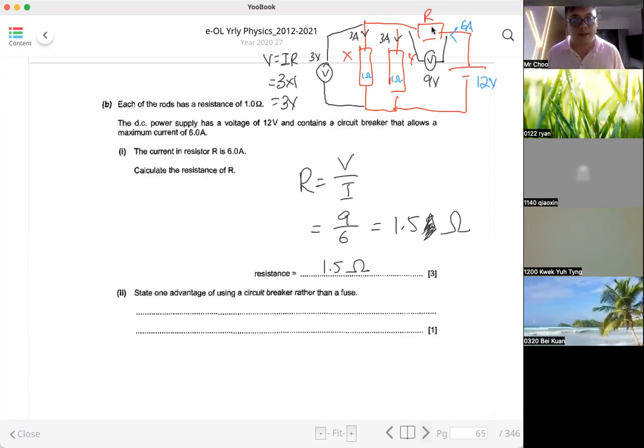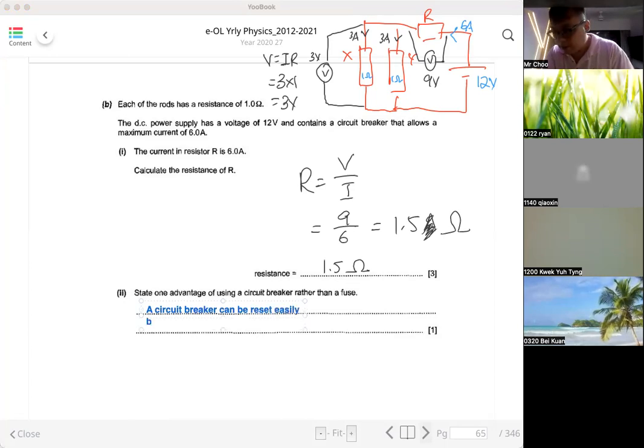Okay, so what is the one advantage? Let me just give you the answer. I think all of you know the answer for this. What's the advantage of this? A circuit breaker can be reset easily by flipping the switch, unlike a fuse, which has to be replaced when fused.